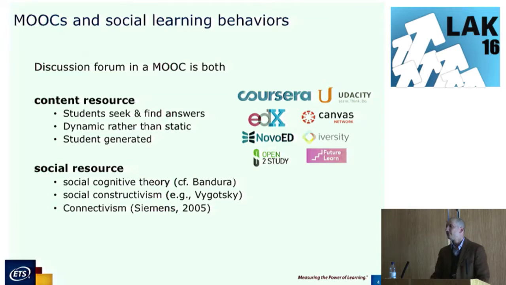And so that kind of touches base with some of the big ideas in social learning theories, whether it's social cognition in terms of learning from the things that other students in the class are doing by the way they talk in the forum or the way they solve problems, or actually socially constructed knowledge in a kind of Vygotskian sense, or even a really extreme connectivist view that we really want to distribute learning and artifact creation in this radical way, although that is definitely more a design consideration in a MOOC.